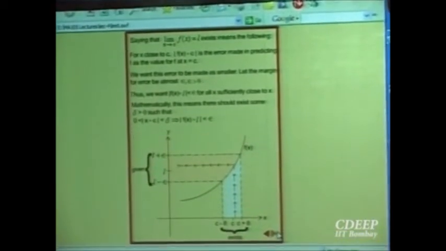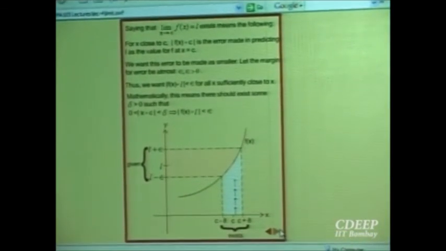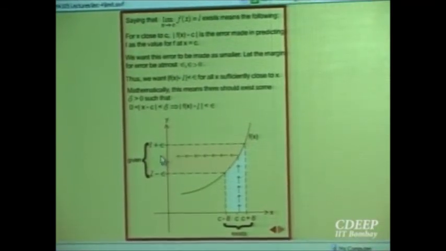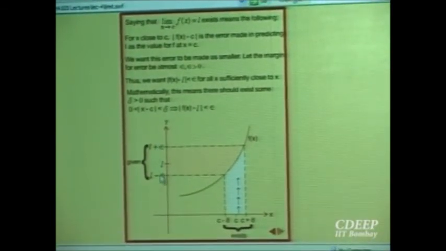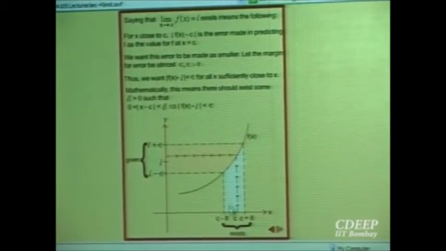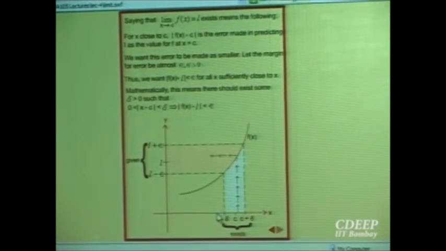The important thing is the picture at the bottom. L will be called the limit, provided that given this interval around it, given epsilon, around this point I am able to find some interval, some neighborhood, so that whenever I am in that neighborhood, the values fall in that margin for error.